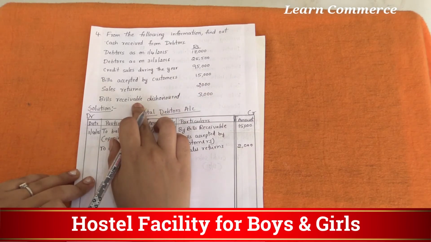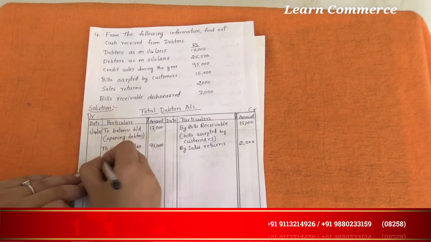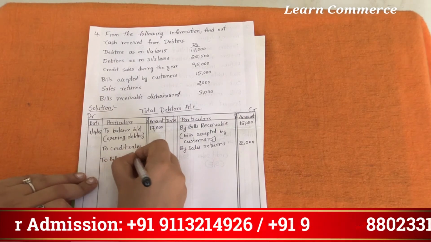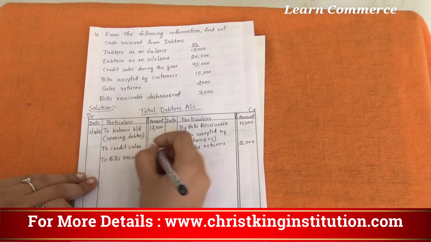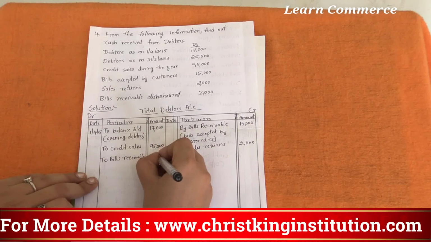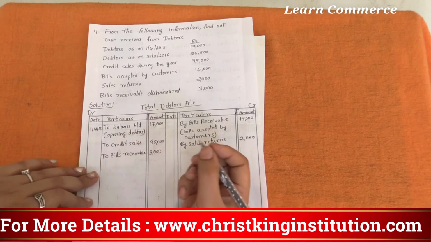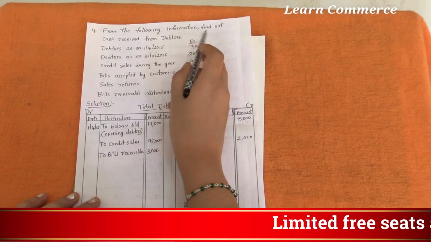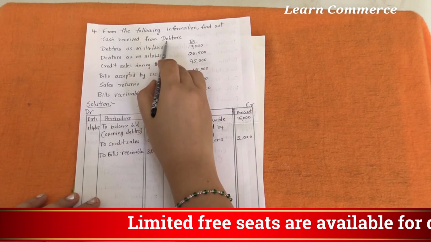This one we should record on the debit side, to bills receivable, amount is 3,000. Okay. Then we have to find out cash received from debtors.